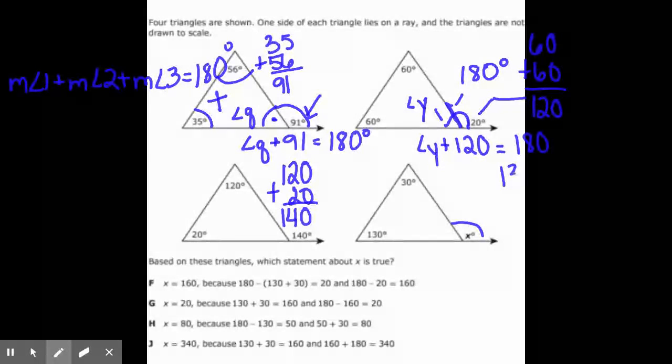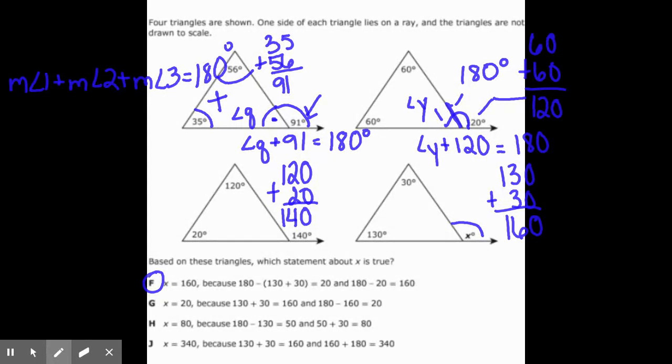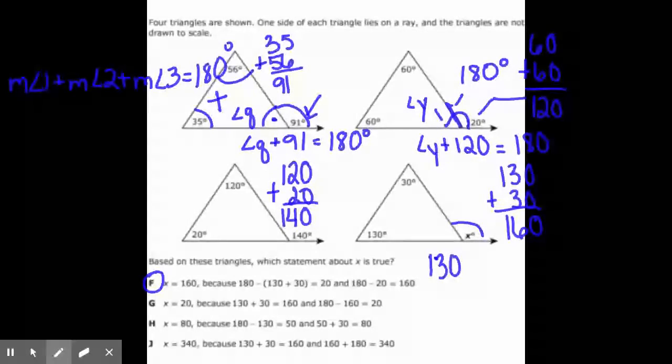So 130 plus 30 equals 160. All right, we can see that is our answer for F. All right, it says x equals 160 because 180 minus 130 plus 30 equals 20. All right, so remember we said that the three angles added up would equal 180.